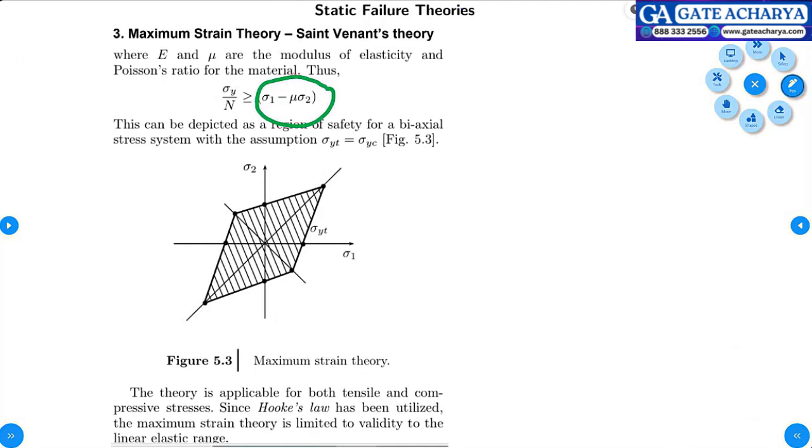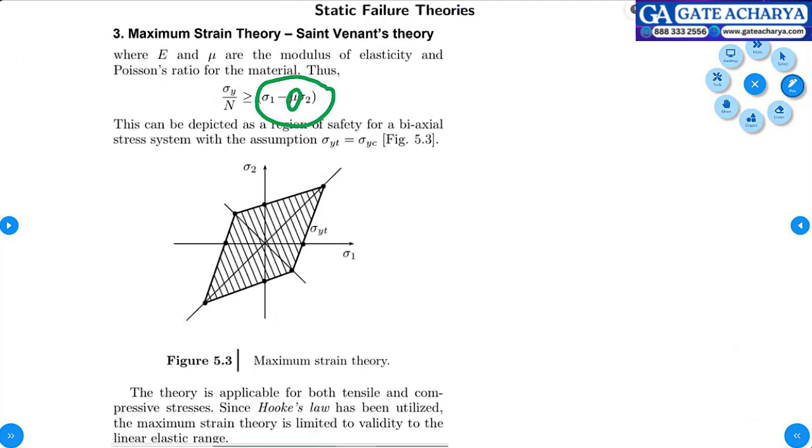So when you bring in this mu, the lateral effect, strain is coming into the picture because it has been strained, that is strain theory. This is nothing but strain, sigma by E. So it can be applied only within Hooke's law. In the Hooke's law range only you can apply this theory.